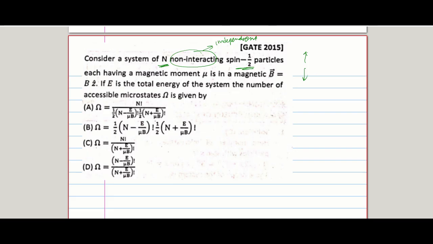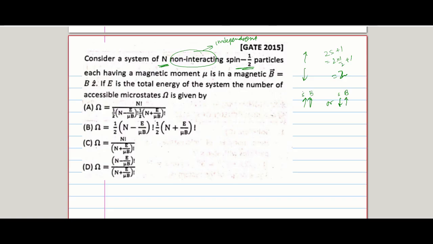There are basically two energy configurations, since 2s plus 1 is 2 into half plus 1, which is 2. When the magnetic field B is applied, it will either be parallel or anti-parallel to the magnetic field.